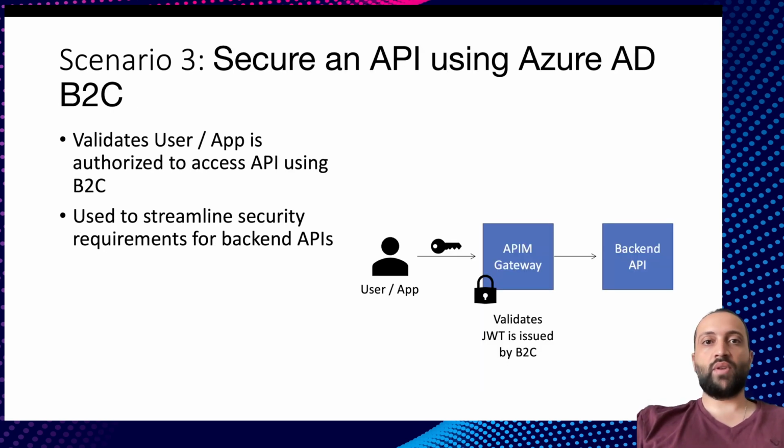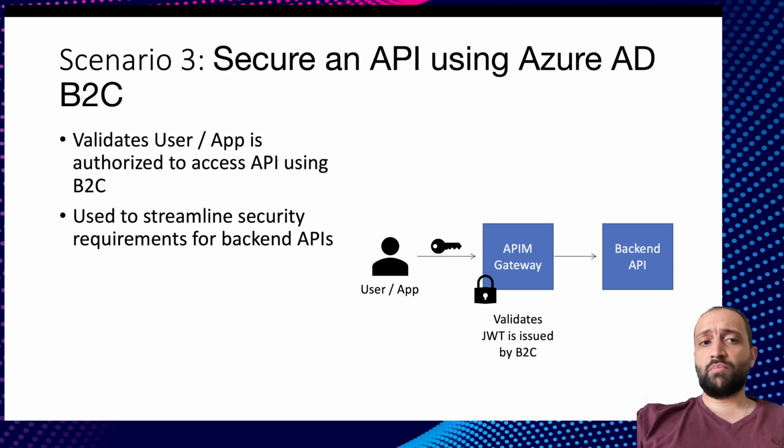Now, the third scenario can actually secure an API using Azure AD B2C. It basically places a lock on the APIM gateway for specific APIs that validates the JWT that is passed, to see whether it was a valid token issued by B2C or not. If you do that, then the user or app actually has to provide a token issued from B2C before being able to contact the APIM gateway.